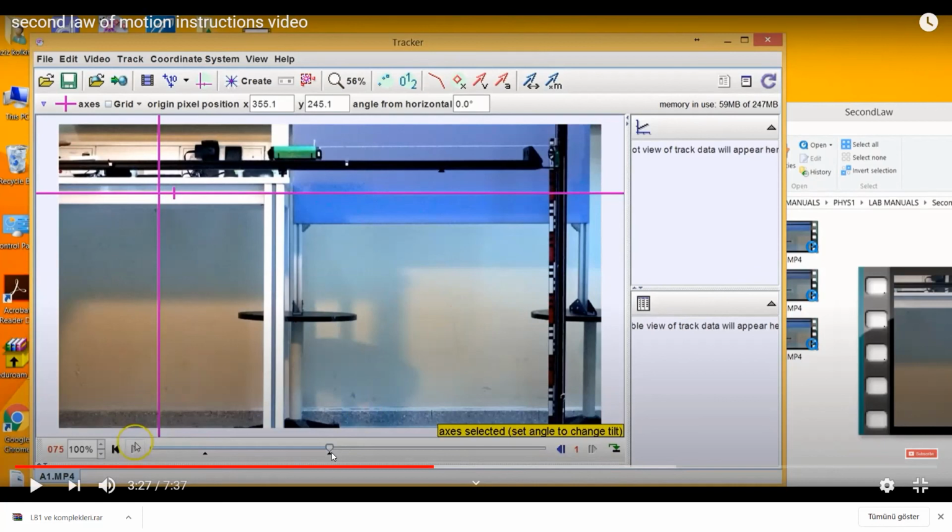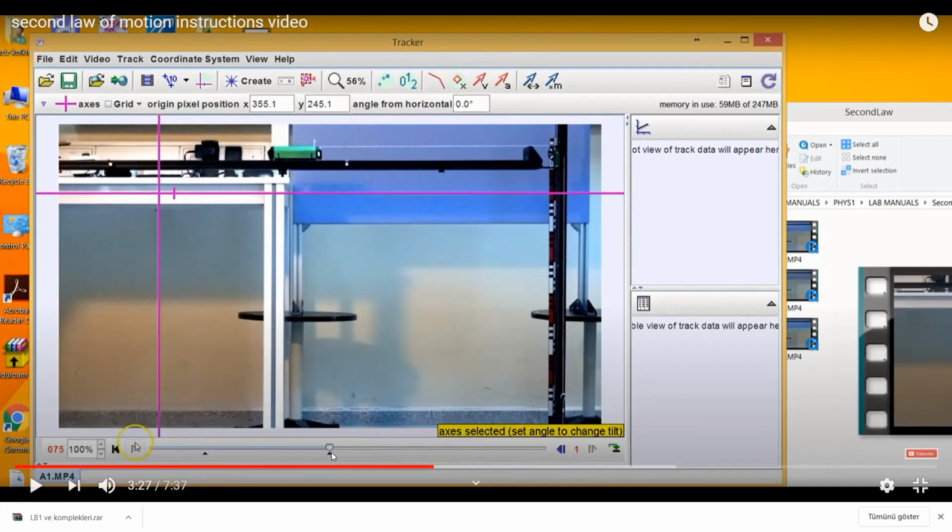Since the weight of m1 is constant until this point, the force exerted on the cart will be constant too, and the cart will move with constant acceleration under the effect of this constant force.